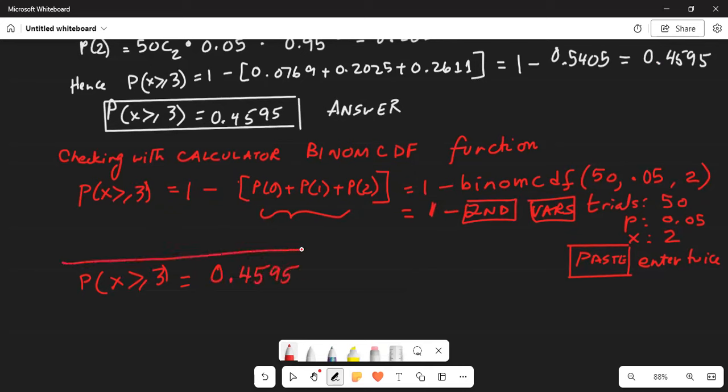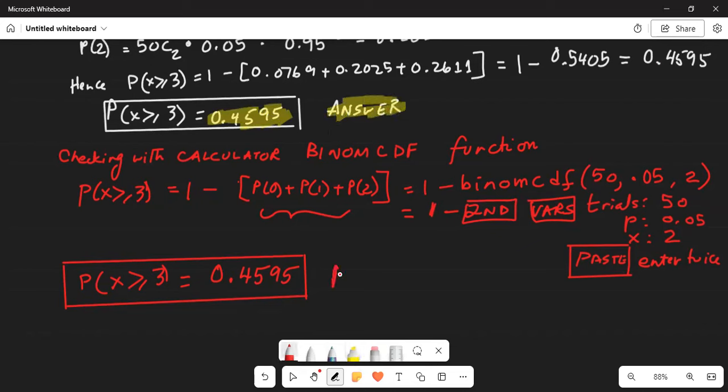So this answer matches with the answer shown above. Hence, I can highlight this answer: 0.4595 is your answer.